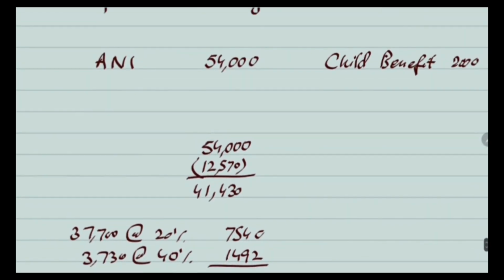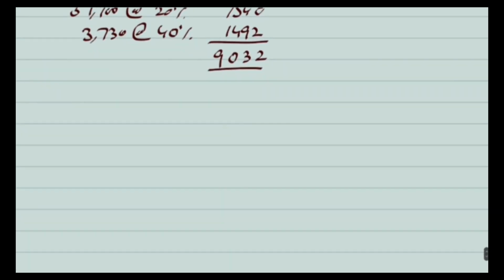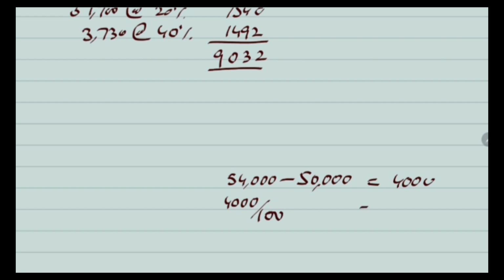9,032. Now we need to calculate the child benefit charge. He has received a child benefit payment of 2,000. So first we need to consider the adjusted net income in excess of 50,000, that is 4,000. Divide this 4,000 by 100, we will get 40. This is the percentage.